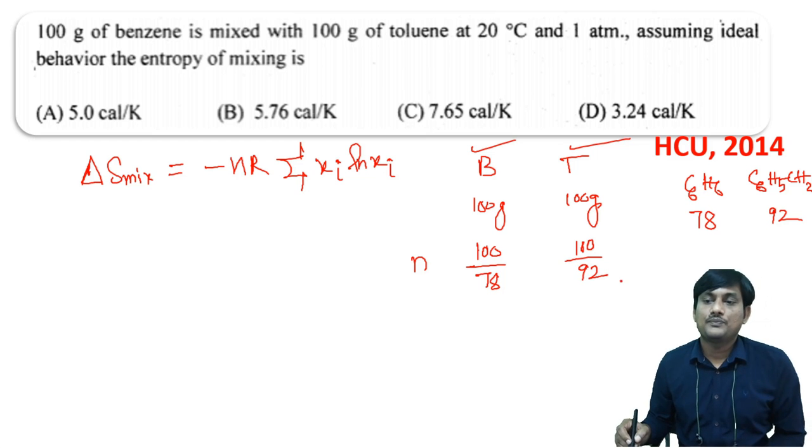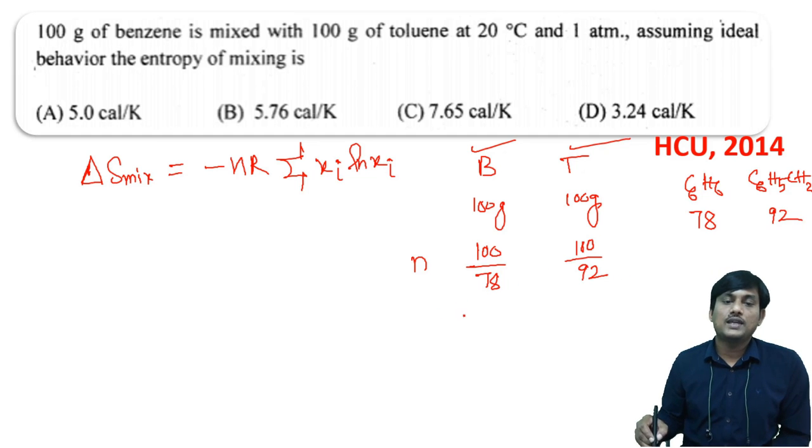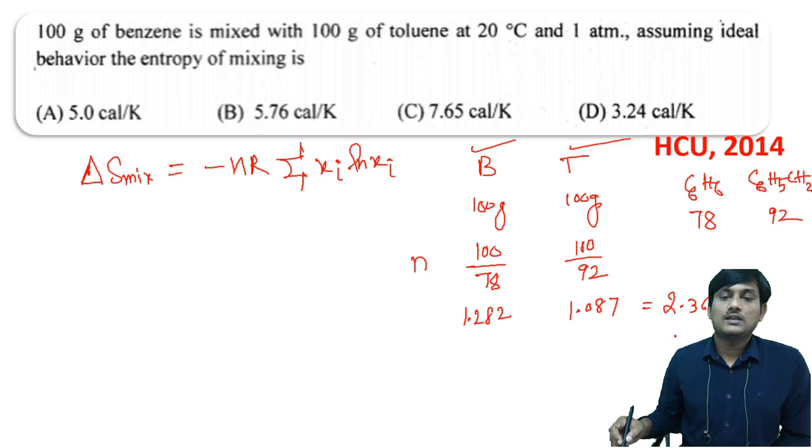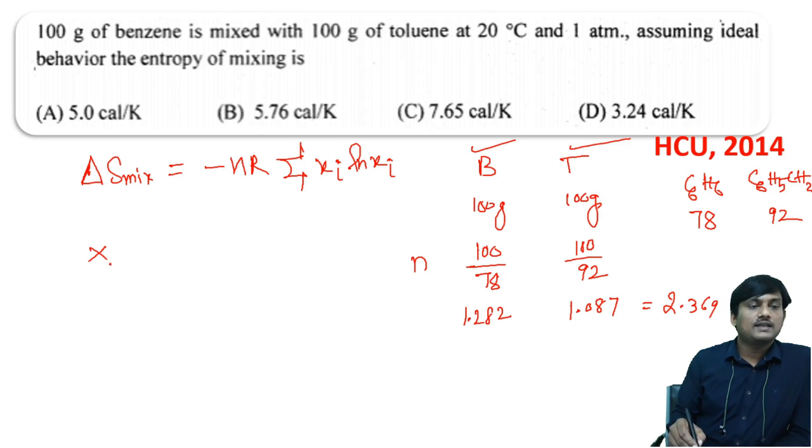You will get roughly 1.282, this one is 1.087, and the total number of moles will be 2.369.